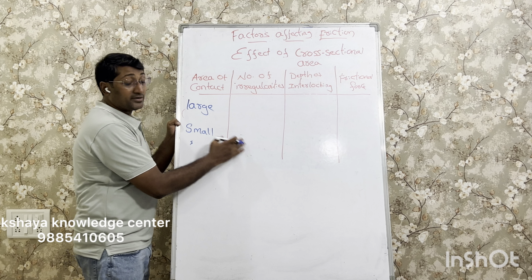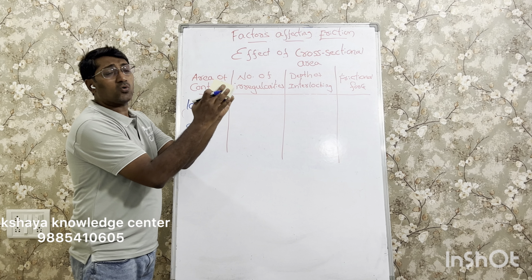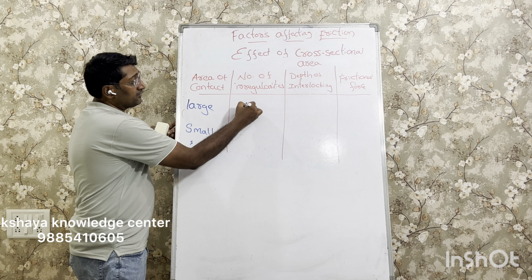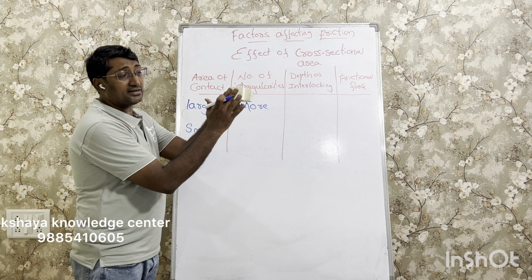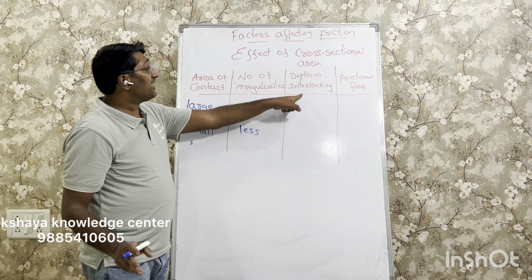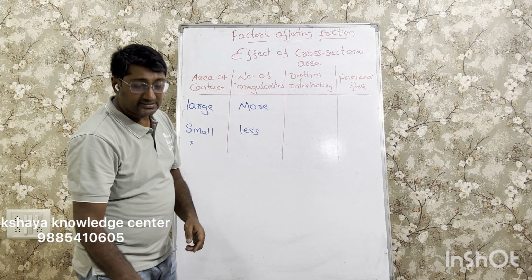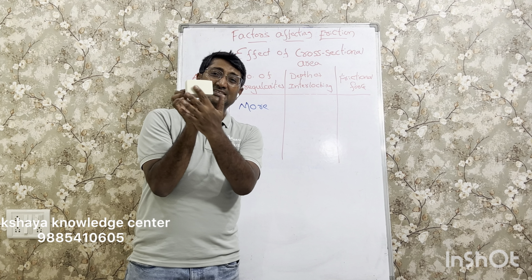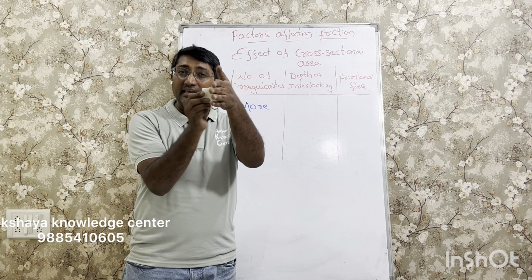Now let's think about number of irregularities. As you already know, since there is more surface, more number of ups and downs will be there for large contact area, whereas here less contact area, so less number of ups and downs. Now, where is more depth of interlocking? As we already have established, since the surface is more, the pressure is less and it does not go deep into the surface.